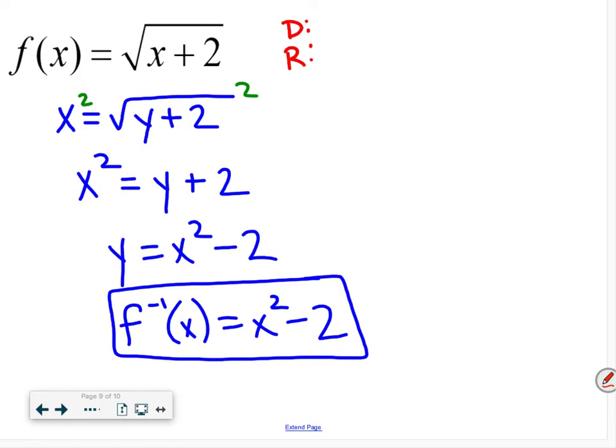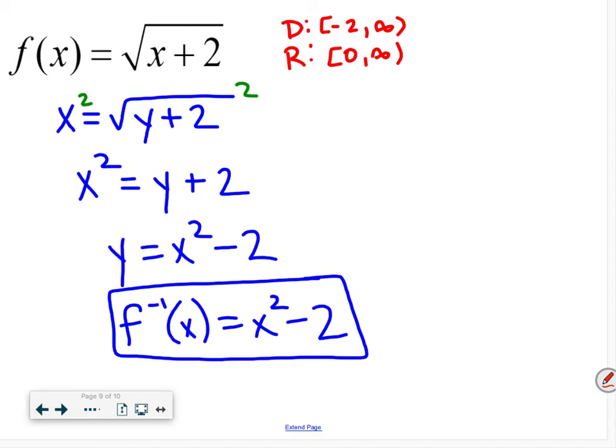We said it was -2, bracket. So our domain for the original is -2 to infinity because it's shifted to the left 2. And then, Kinley, what would be our original range? 0 to infinity. Great.